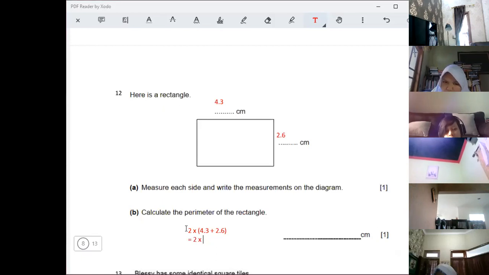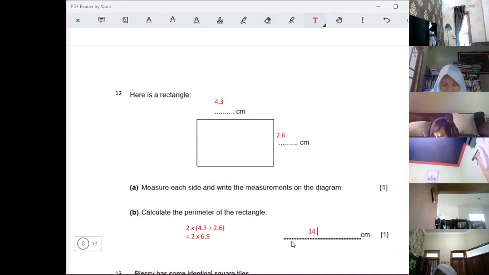What is it, class? 4.3 plus 2.6? 6. 13.8. Belum sampai situ. Oh, 6.9. Yeah, so the answer is 13.8. You may write in your book, yeah, if you haven't done it.